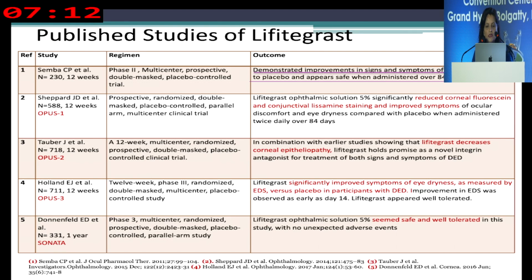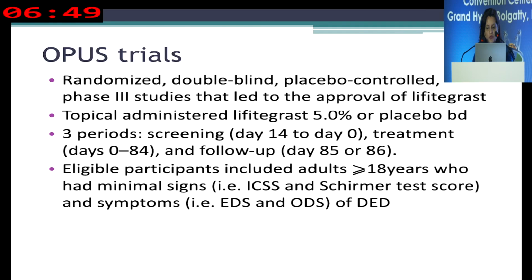It reduces the corneal fluorescein and conjunctival lissamine staining, and also has been shown in a large number of cases to decrease the corneal epitheliopathy. And these were all placebo-controlled studies and double-mask multicentric trials, which have shown that even in terms of ocular surface disease index, the patient symptoms also get better with it. Further, it is safe and it is well tolerated.